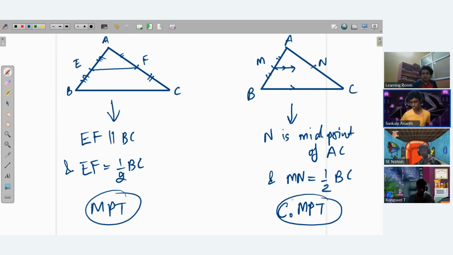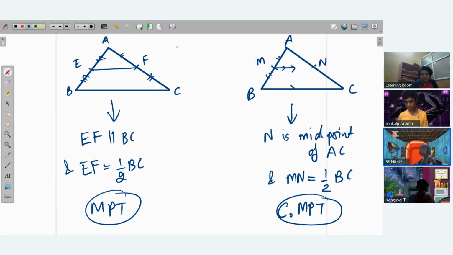Yes, sir. Fine? So, sir, is it possible to use the midpoint theorem when nothing is given, like they didn't give parallel, so it's impossible, right, sir? In order to apply anything, you need to make sure that you have the necessary material to start.